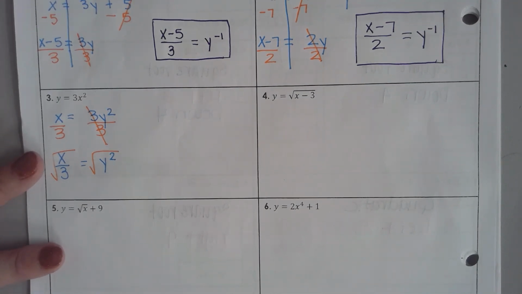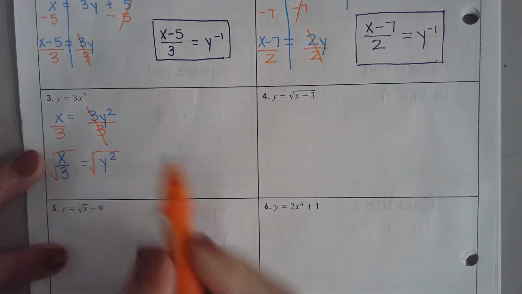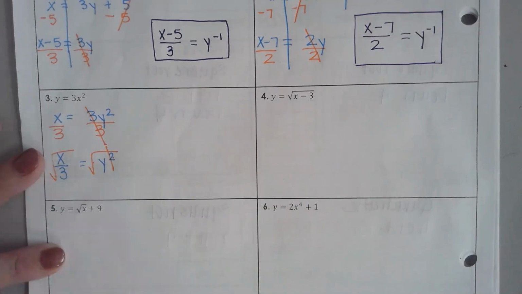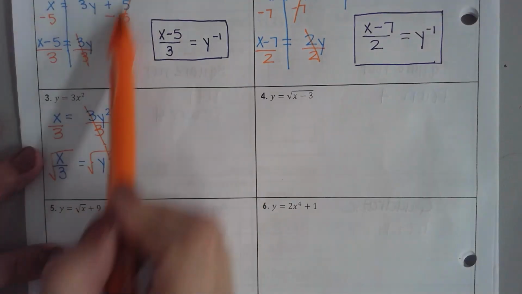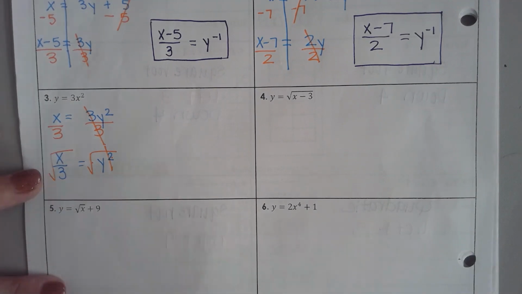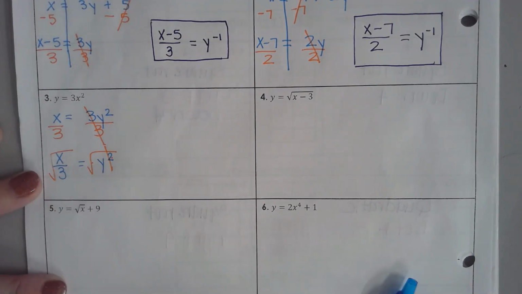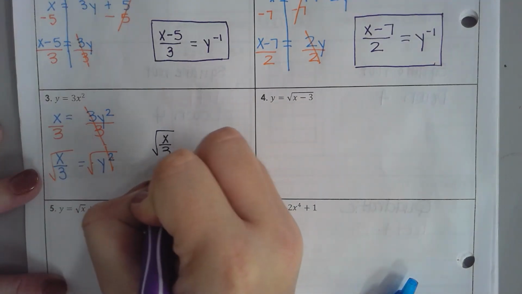And basically, over here, a square root and an exponent of 2 cancel each other out. So I can cross those out, just like I crossed out the 3's, and this 5 and the minus 5. We cross them out. They don't exist anymore. So on the left, I've got the square root of x over 3.